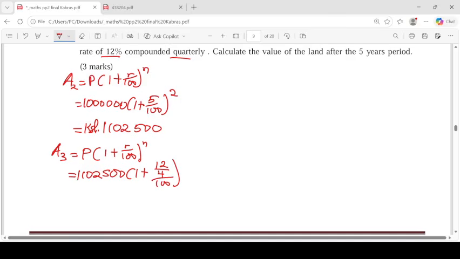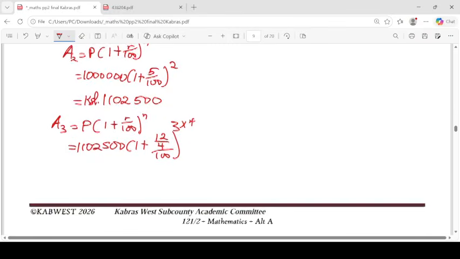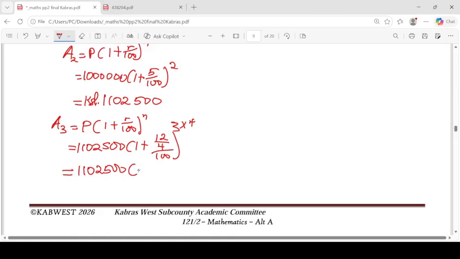If you divide the rate by 4, then the period, which is 3, you will multiply it by 4. That is the rule. So this is like saying 1,102,500 into 1 plus 12 over 400 to the power of 12.